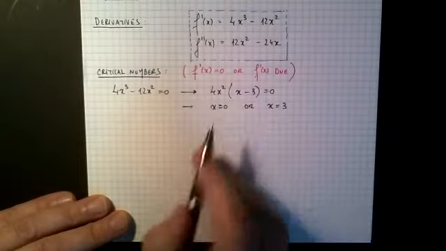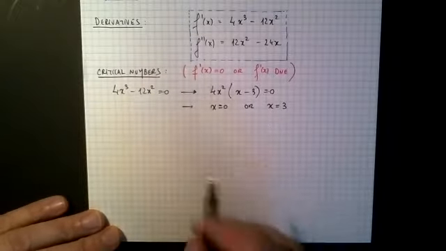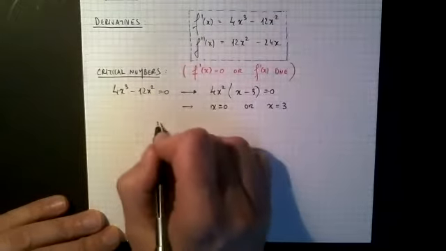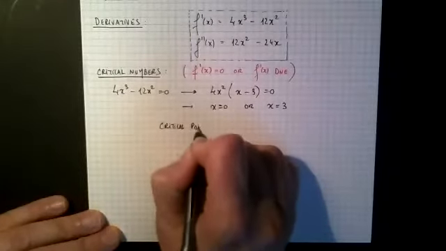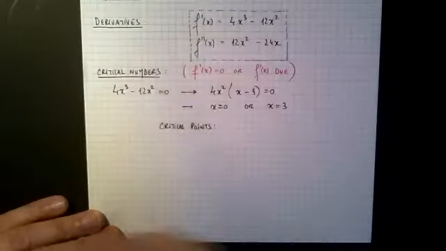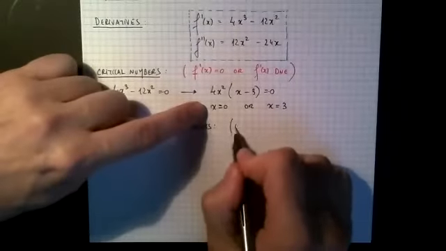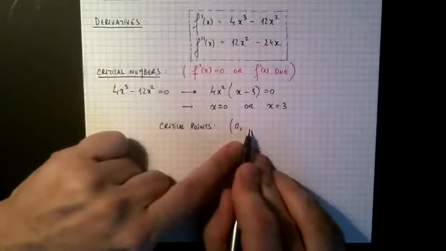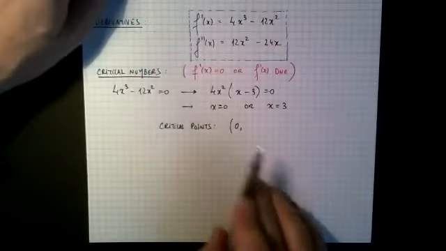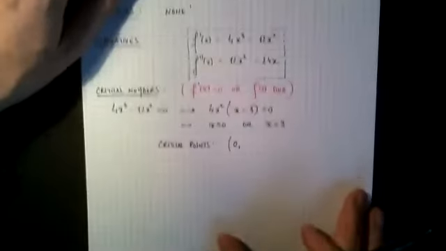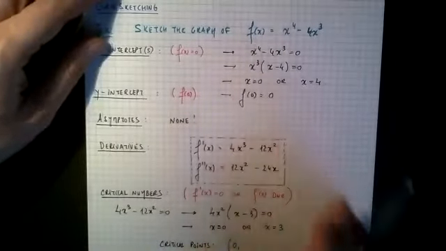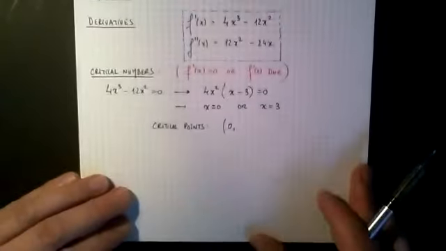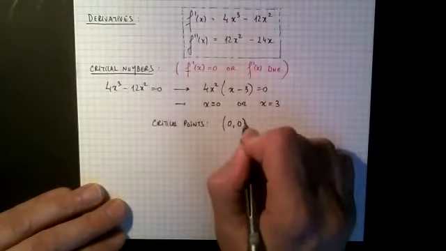So now that I found my critical numbers, I'm gonna find my critical points. I know I have one, x is 0, so what's the y? I have to plug 0 back into the original function, and I'm going to get what the y is. So it's (0, 0).